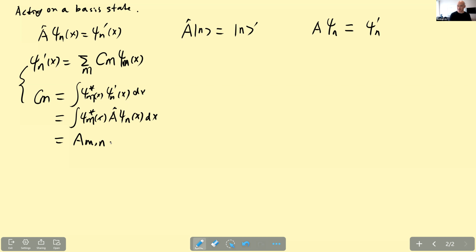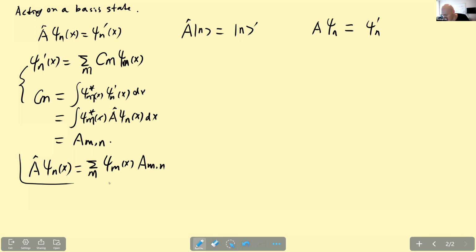So if we summarize, you find that A acting on a basis state psi_m will give you the summation over n of psi_n(x) times A_nm. That is the result that we have for a basis state.